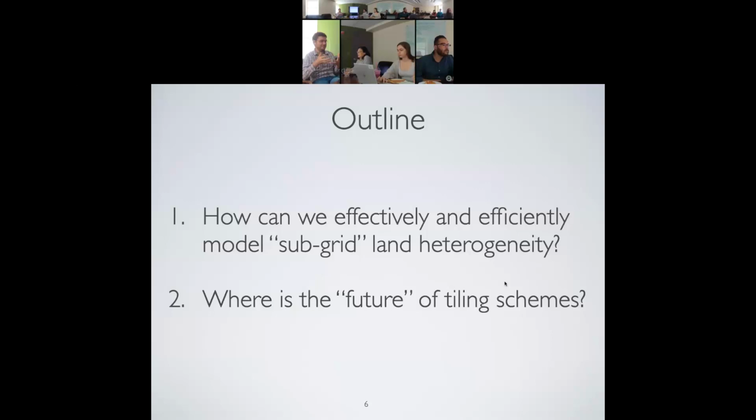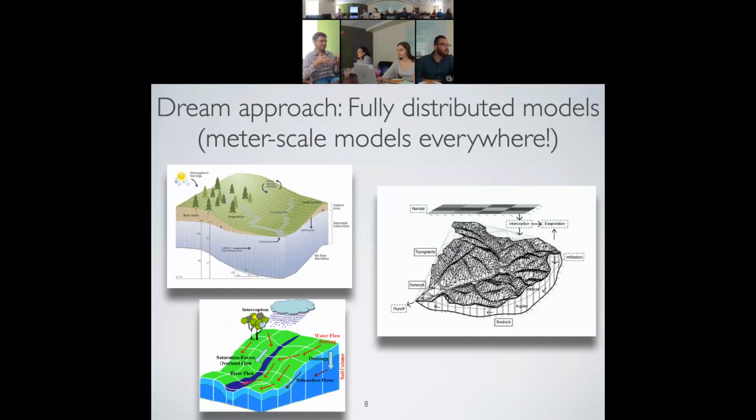So the way I want to start with this is thinking about what is the dream approach. As a hydrologist, as a computational hydrologist, what is the dream approach? Well, the dream approach is going back to something we've been trying to do for many, many decades, which is fully distributed models, which is effectively model everything everywhere, which is a cute idea. And in theory, people have developed models that are able to run over the US at like kilometer spatial resolutions, an entire 3D groundwater model with a land model coupled to it.